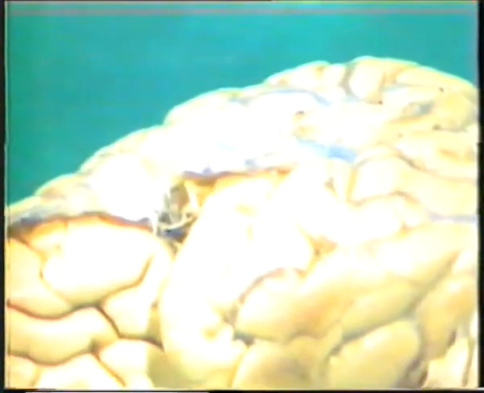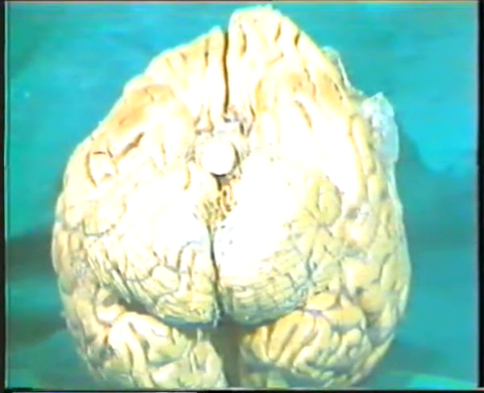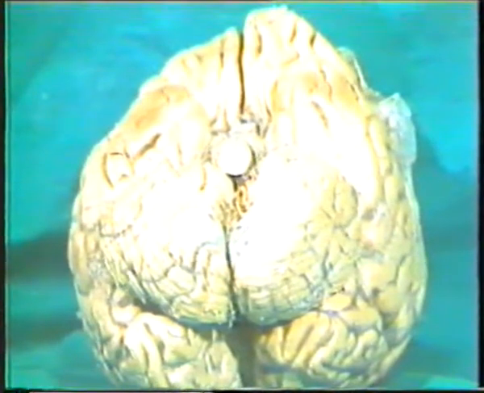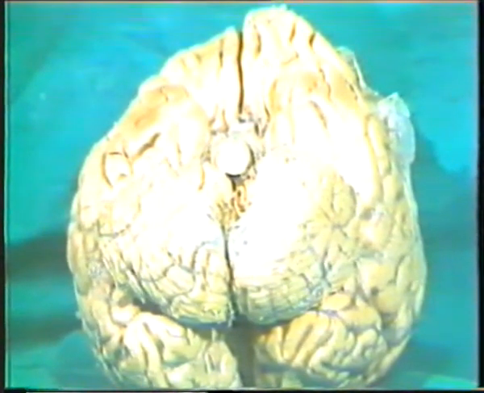Between the pia mater and arachnoid mater lies the subarachnoid space, which is filled with the cerebrospinal fluid. There are sites where the subarachnoid space is deeper than elsewhere and are called subarachnoid cisterns.